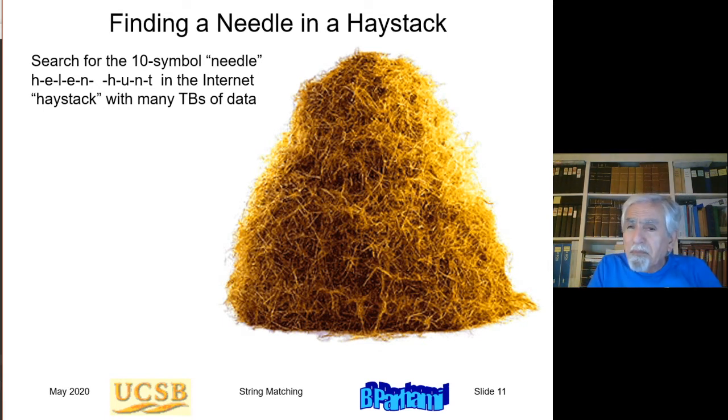Now these string search puzzles are sometimes referred to as finding a needle in a haystack. So the haystack is the huge data string that we have. The needle is that short pattern string that we are looking for.